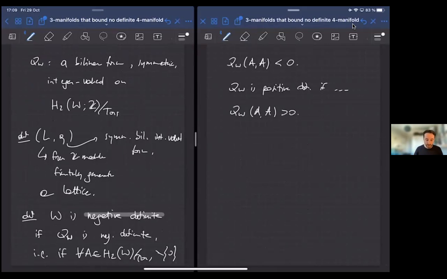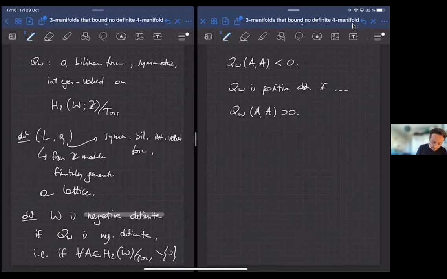That is to say, I don't want any non-trivial embedded surface in my four manifold of non-negative or non-positive self-intersection, depending on the two cases. If I were in France, I would say positive or negative, because at least here in France, we say negative for non-positive, which I find a bit bizarre, but okay.